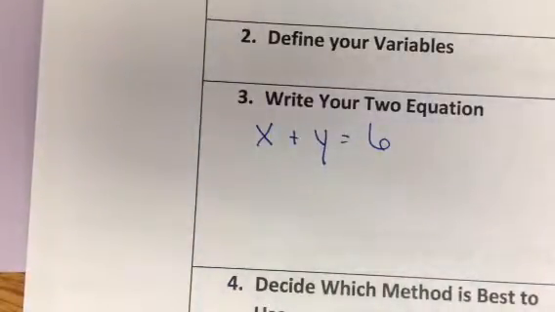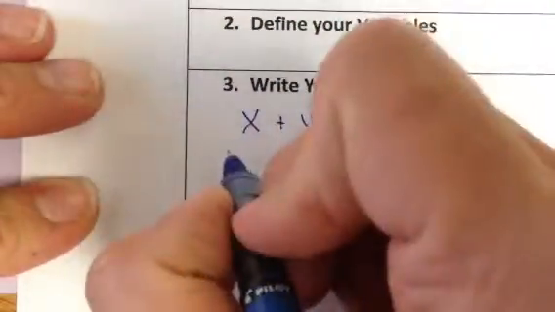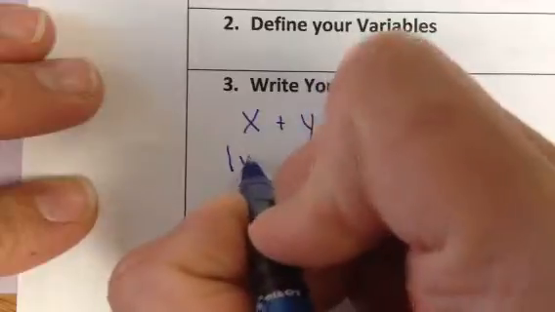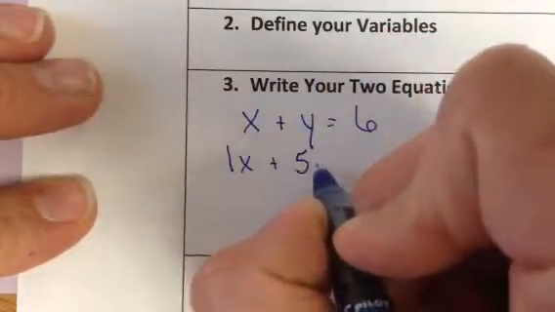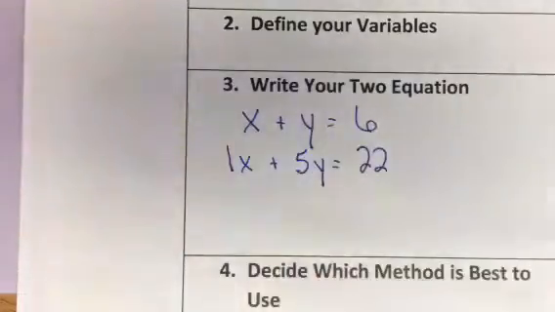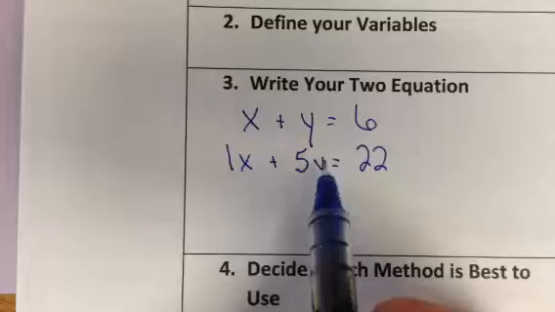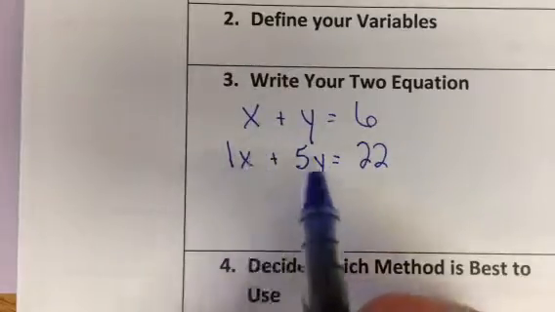The other equation is the fact that he actually has $22 in his hand. So he has so many $1 bills plus so many $5 bills, and then together he has $22. Okay? So if he has one $1 bill and one $5 bill, he's got $1 and $5.